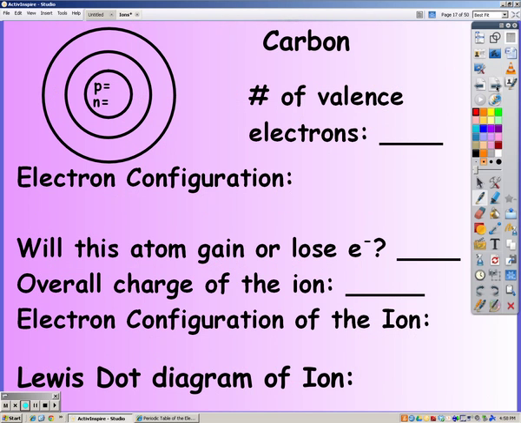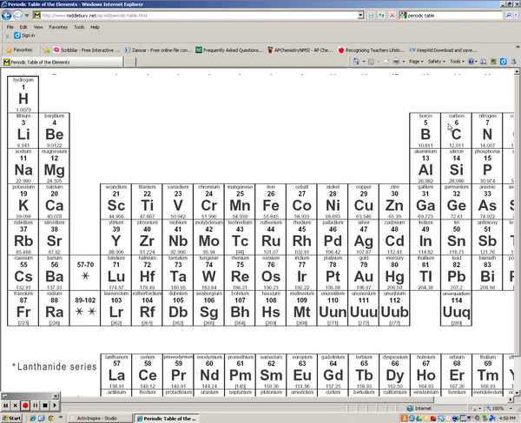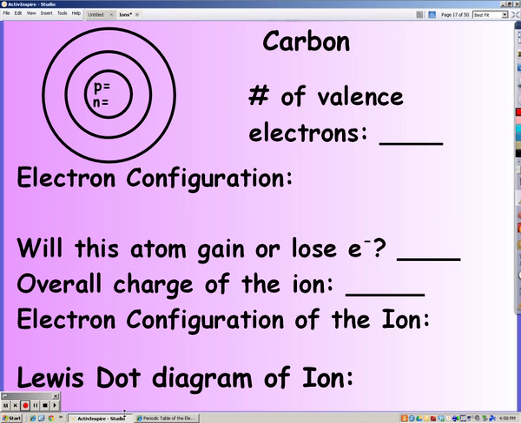For carbon, you should get 6 protons for the atomic number. The mass is 12. So 12 minus 6 gives you 6 neutrons. And we have 6 electrons. So 2 in the first ring and 4 in the second.